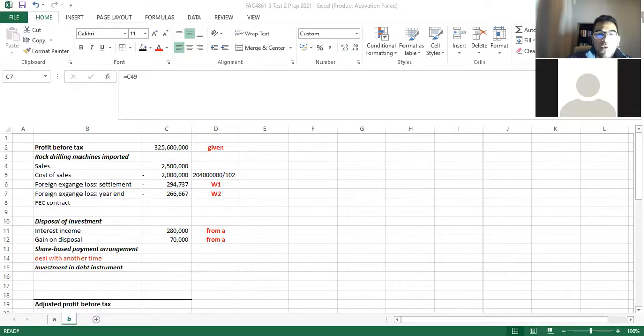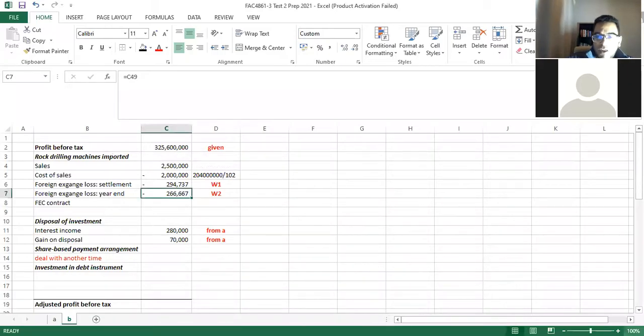Remember, only one transaction we're going to be dealing with. Only one machine has an FEC contract. The way you will deal with that is by looking at the exchange rate at year end versus what you will be paying when you settle the forward exchange contract.